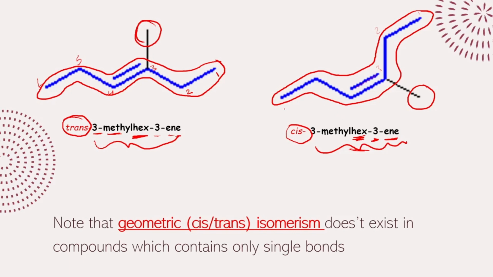But as you can see, the geometry of the two compounds is different. The compounds have the same name, same number of carbons, same number of hydrogens, but the geometry is different. In this case, we call them geometrical isomers.